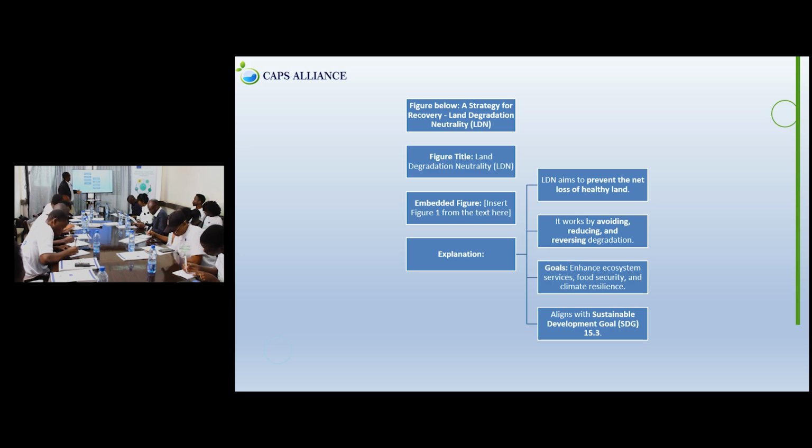Now, we will see the figure on the other page. Degradation, we call land degradation neutrality. Okay? We don't want to disturb the soils in the land, so we want to maintain that neutrality. Land degradation neutrality aims to prevent the net loss of healthy land.